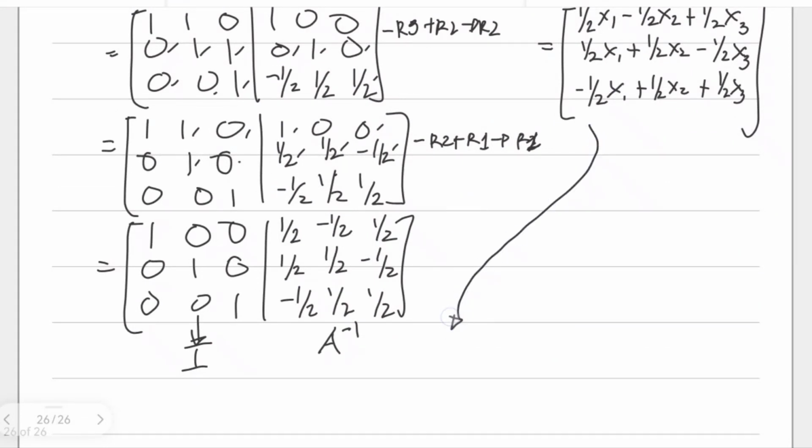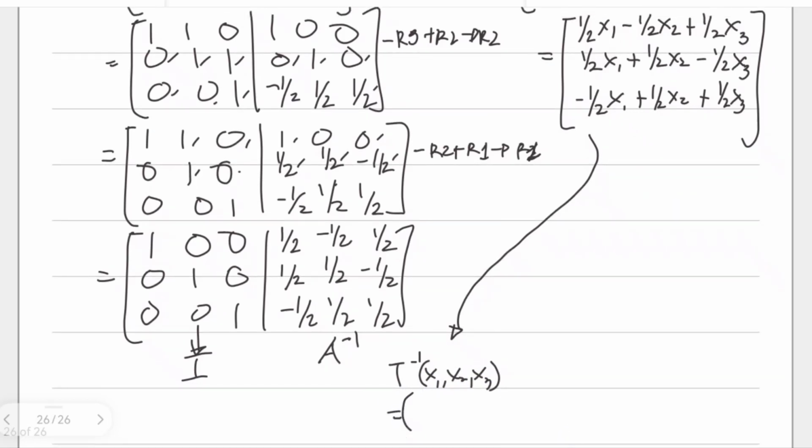Okay. So the inverse of your linear transformation described by x sub 1, x sub 2, and x sub 3 vector is equal to the first entry, 1 half x sub 1 minus 1 half x sub 2 plus 1 half x sub 3. Then 1 half x sub 1 plus 1 half x sub 2 minus 1 half x sub 3.